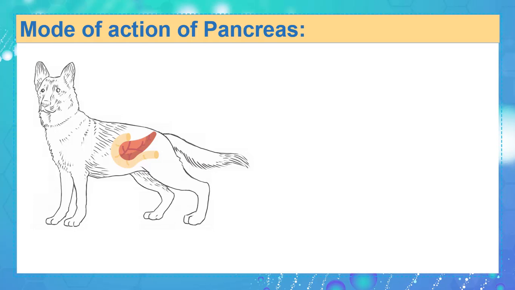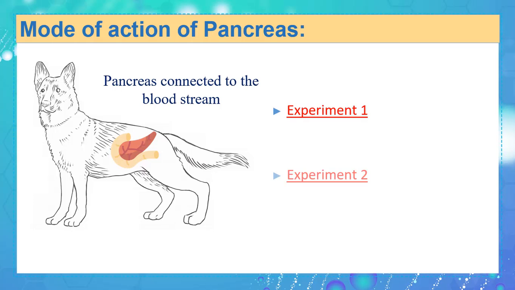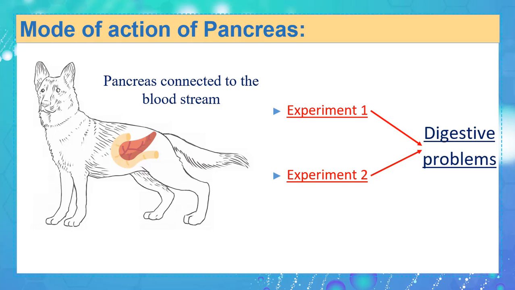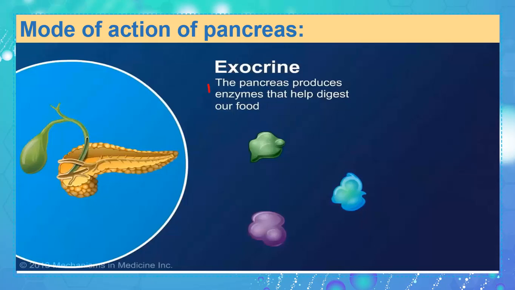However, we still have one observation from experiments 1 and 2 we didn't discuss yet. Whether the pancreas was ablated or connected to the bloodstream, both experiments showed digestive problems. And when we talk about digestion, we must mention enzymes. Then the pancreas is also exocrine.